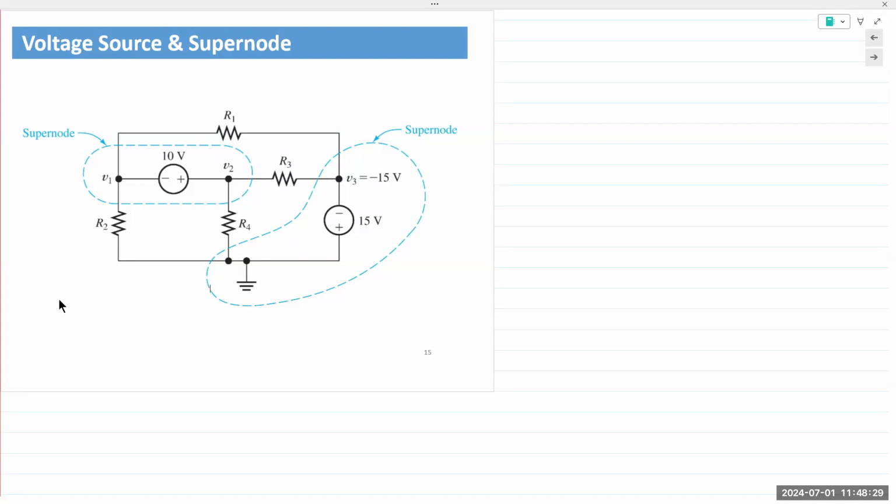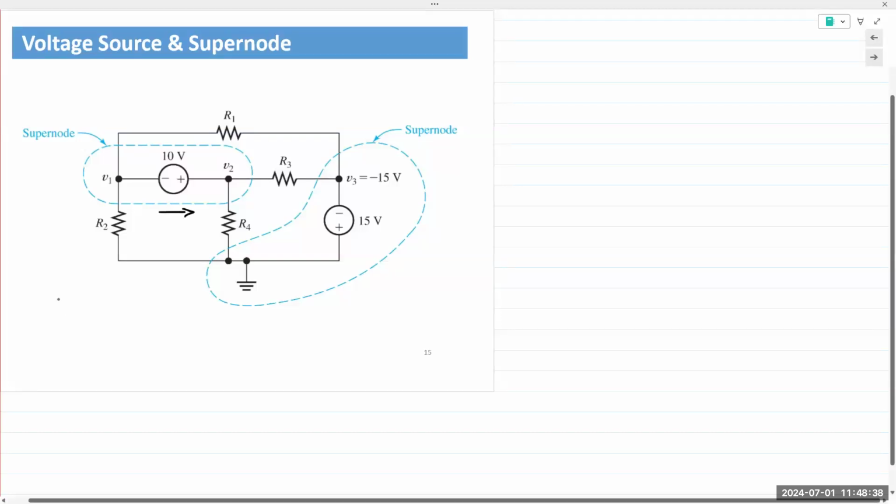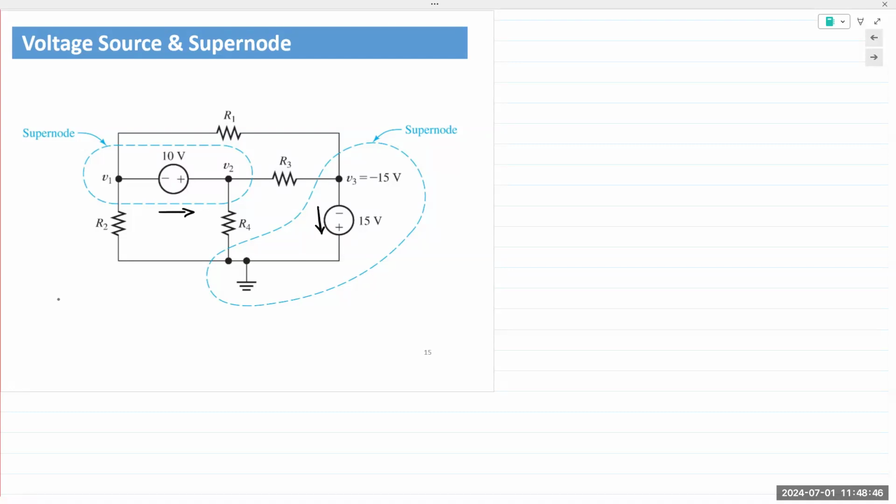If it's a resistor, we can use Ohm's law and say it's the voltage for the resistor, VR, divided by R. But if we have a current through a voltage source, we cannot describe that current using Ohm's law. So we cannot write a KCL expression.